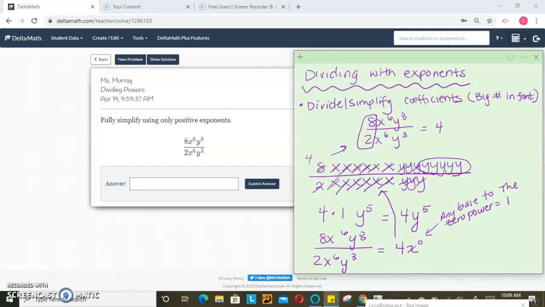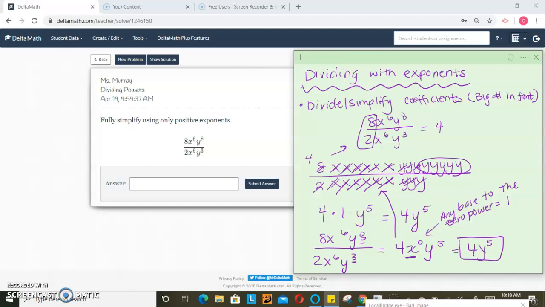I'm going to end up simplifying that to 1 because it means all of my x's canceled out, right? And then if I subtract my exponents with my y's, I keep my base the same y, and 8 minus 3 is 5. Okay, so I would just clean this up because I know that anything to the 0 power is 1 because it means I canceled all my x's. And my final answer would be 4 y to the 5th.